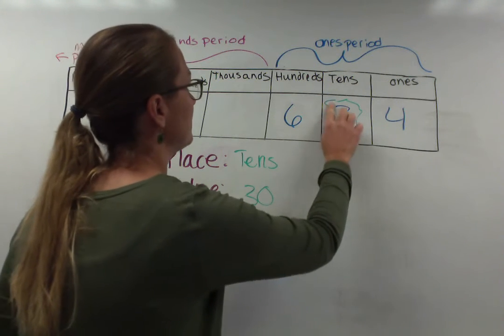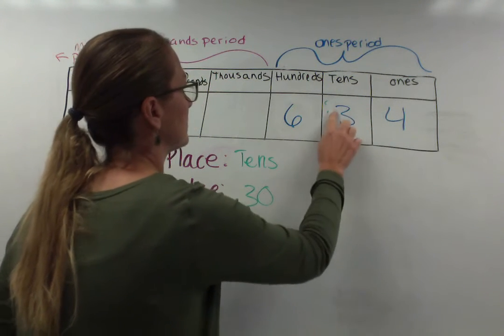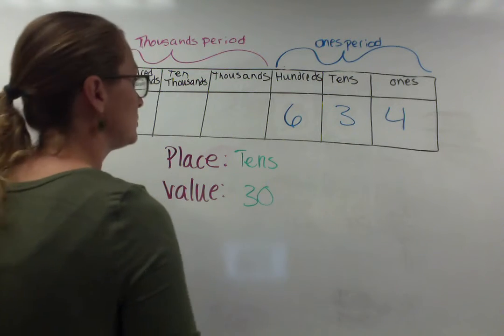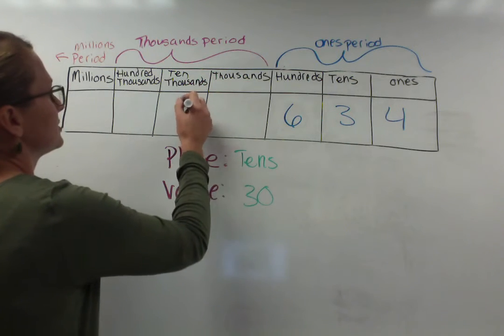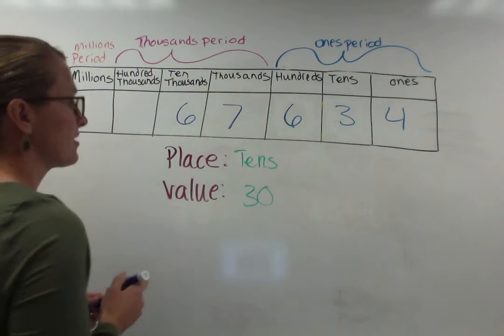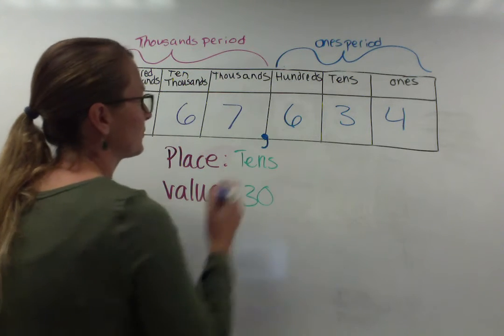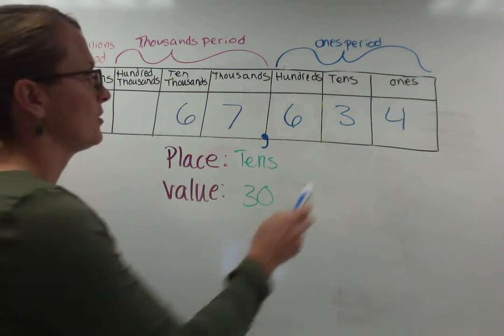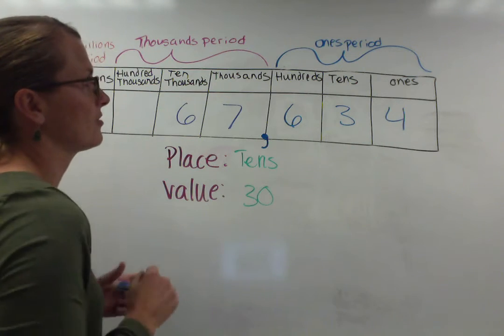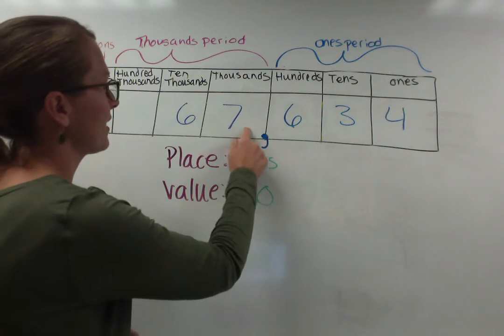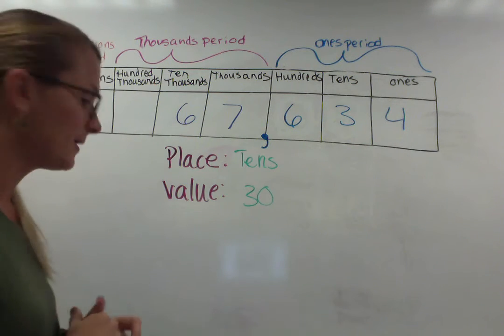We can increase our number to 67,634. When we do that, each of our periods gets separated by a comma. So 1, 2, 3, comma. The comma goes between thousands and hundreds.